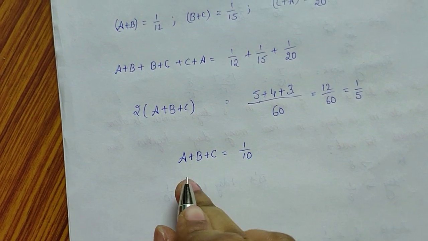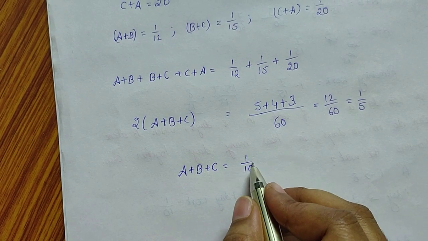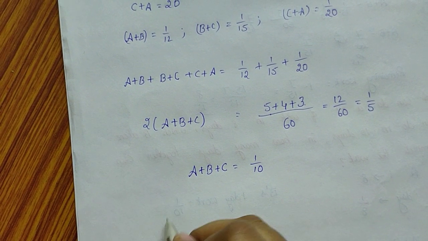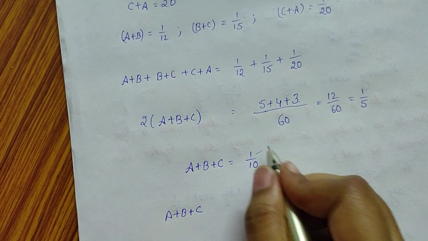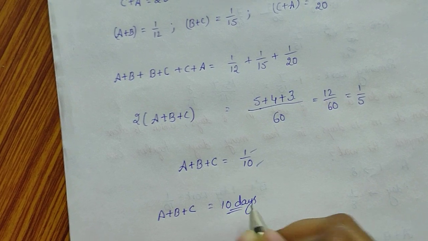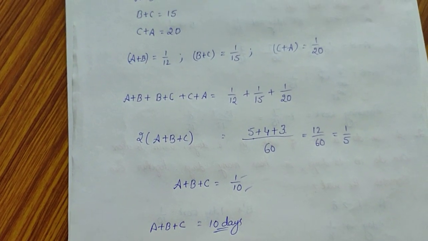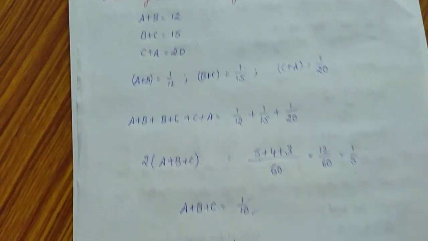So here A plus B plus C is equal to 1 by 10. So 1 day work is 1 by 10. So A plus B plus C can complete the entire work in how many days? 10 days. So its reciprocal is 10 days. So in the problem, given that A alone can do it in how many days?